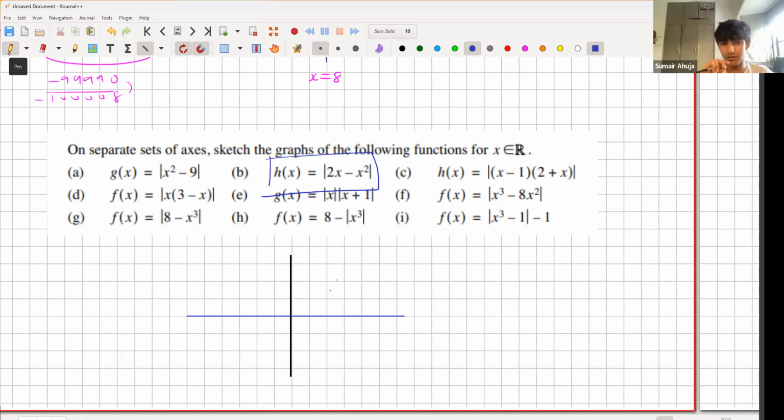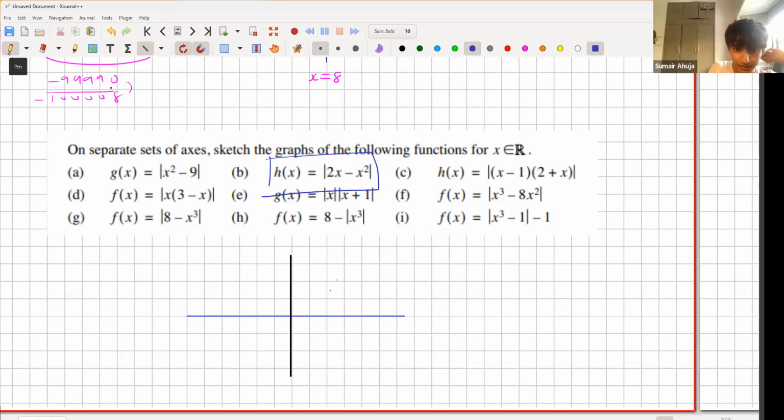So one sec, I forgot to calculate the x-intercept. Okay. 2x minus x squared is equal to 0. So the x-intercept is just 2, my bad.